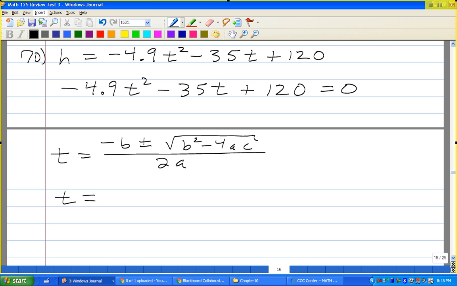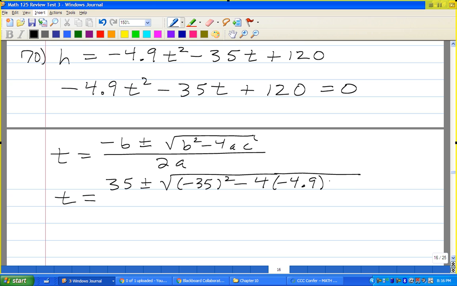And so negative b plus or minus the square root of b squared minus 4ac, all over 2a.